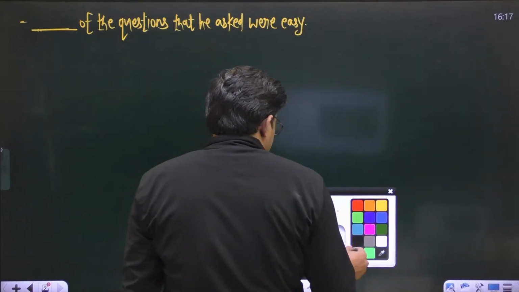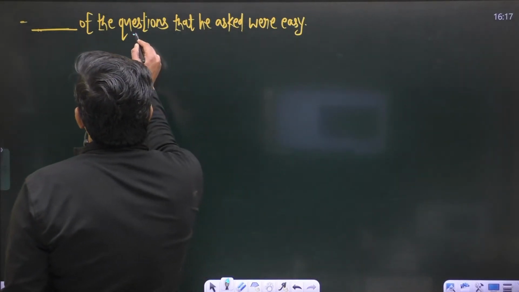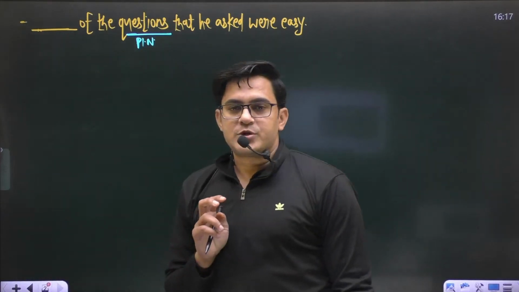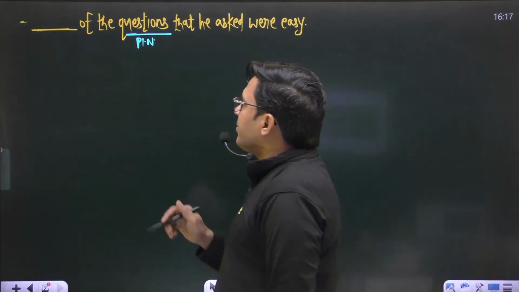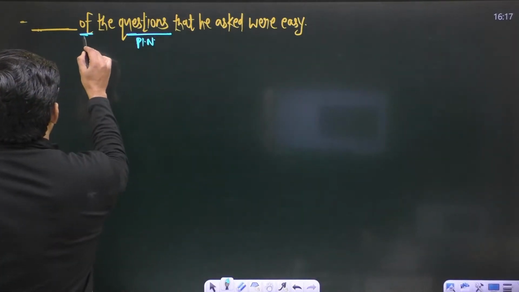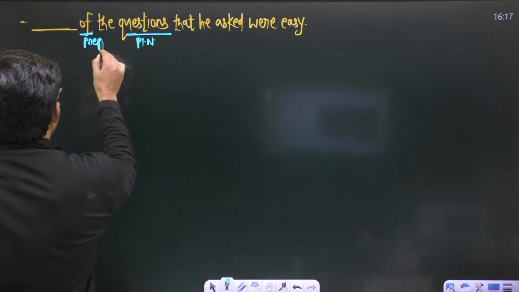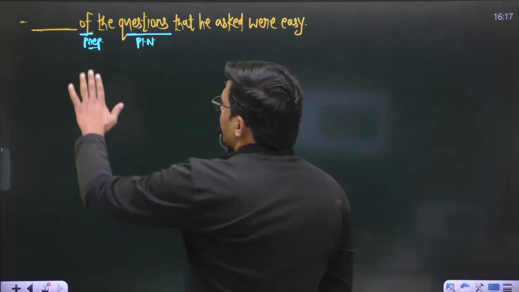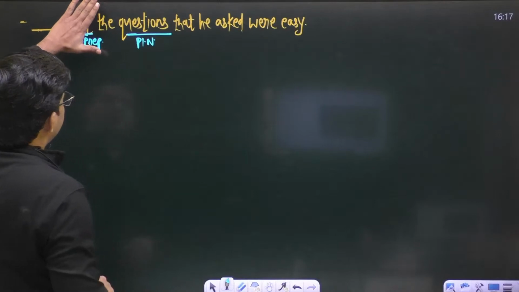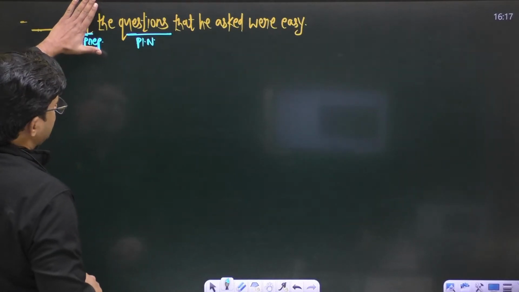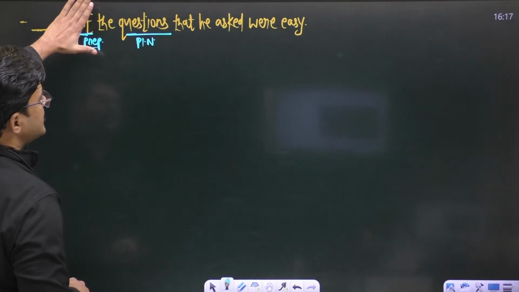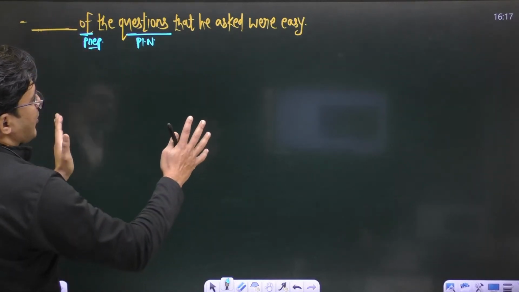In this sentence we know it very well. "Questions" is a plural noun and we are talking about countable nouns. But make sure you have the preposition "of". Here we are not talking about all the questions. If I say "blank questions that he asked were easy", it means I'm talking about all the questions.